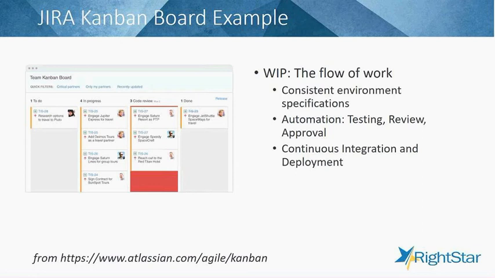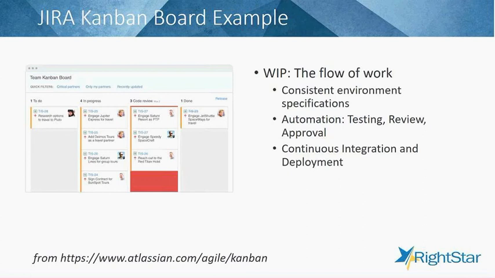This word WIP here on the right, the flow of work, we're talking about work in progress. Again, that goes back to being able to identify bottlenecks and providing for, at any time, people being able to put additional items in the to-do list, so they can add additional requirements there.